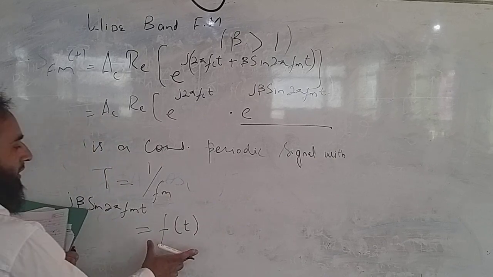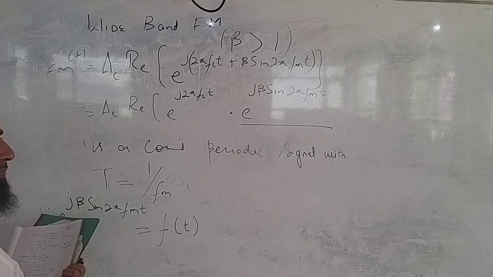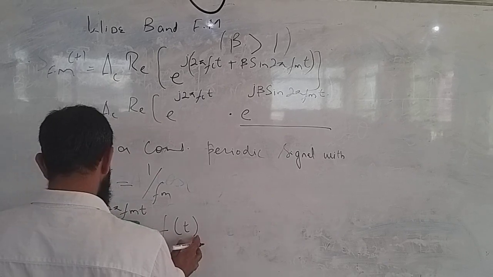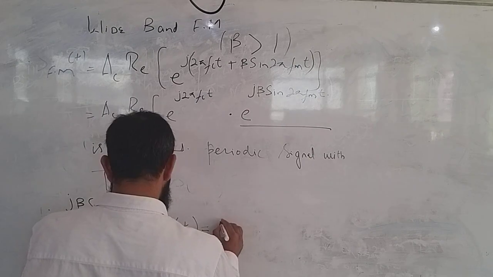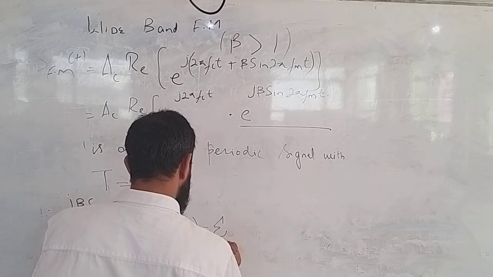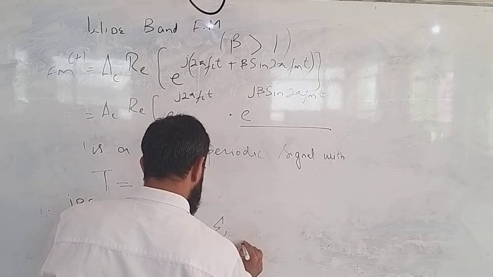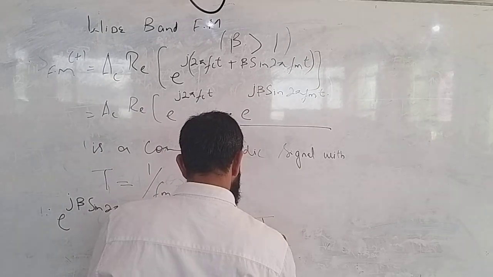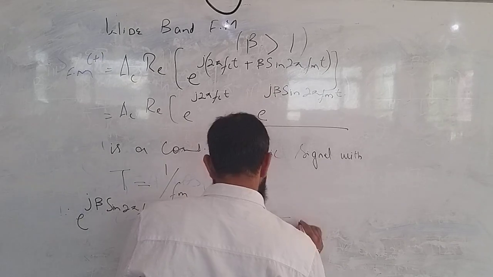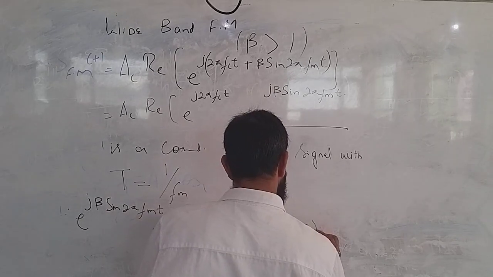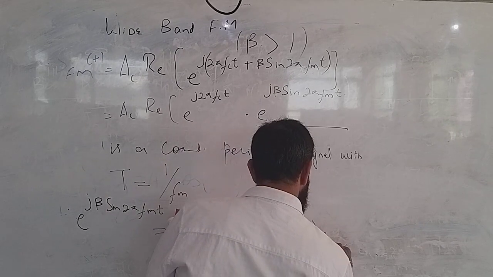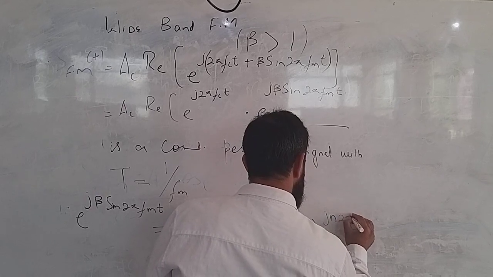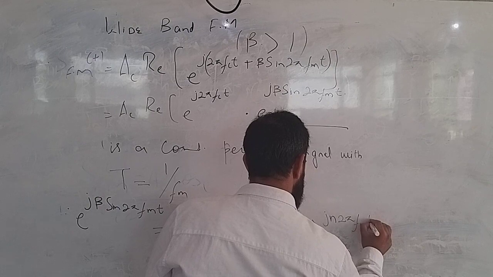This will result in a Fourier series, or can be replaced by a Fourier series expansion, given as F of t equal to summation of n going from minus infinity to infinity Jn of beta. यहाँ पे हमारा बेसल फंक्शन इंट्रोड्यूस हो गया. e raised to j n 2 pi Fm t.